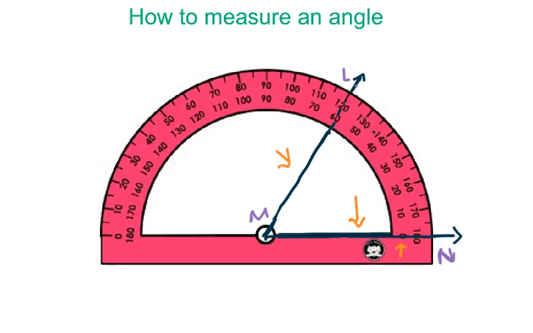This particular arm crosses my protractor at 120 or 60. Looking at this angle, we know that this is an acute angle. It is not obtuse. It is not a big, wide angle. So therefore, I know the degrees of angle LMN equals 60 degrees. And that's it. That's how you measure an angle.